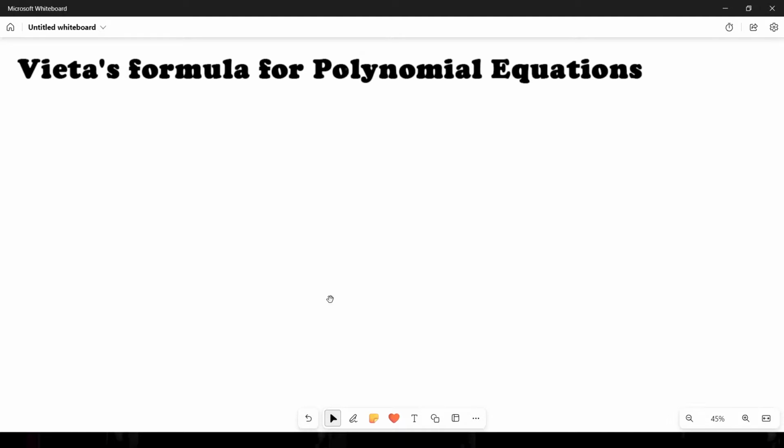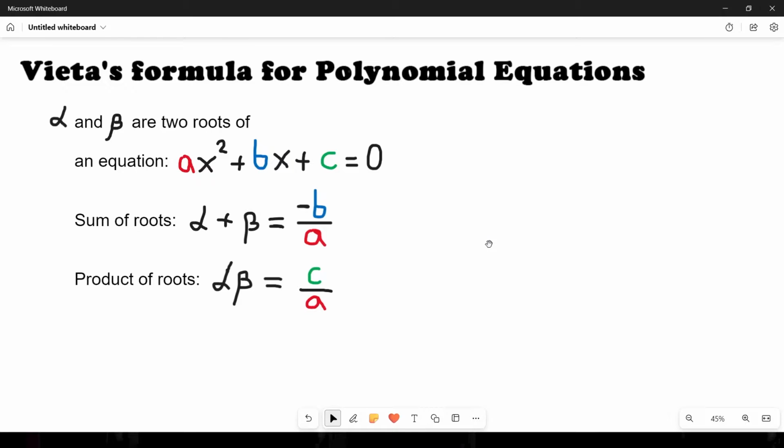So let's get started. First of all, let's review what the actual formulas are. In every quadratic equation, which states a times x to the power of 2 plus b times x plus c equals 0, we have two roots, and for those two roots we have two formulas for their sum and their product.